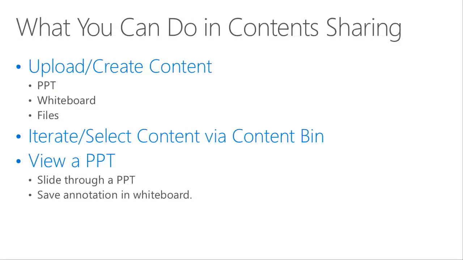So next one is content sharing. What you can do with content sharing. Content sharing is something where, in the conversation, you can upload your PPT and share, make a whiteboard and share it, and you can upload files using this content sharing modality.